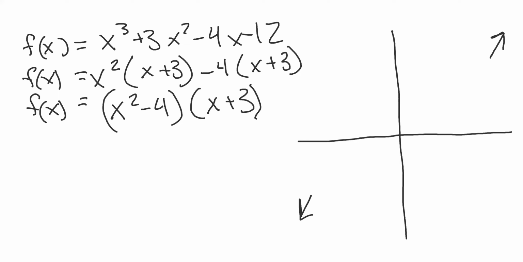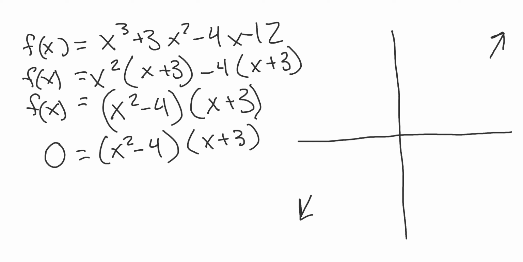Well, this is going to be equal to 0 when x squared is 4 or x is -3. So x could equal plus or minus 2 and x can equal -3. So we'll plot those on our graph. Here's going to be our -2, -3, and our +2.